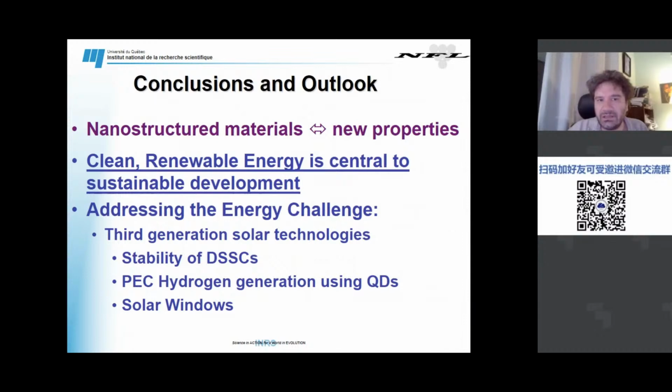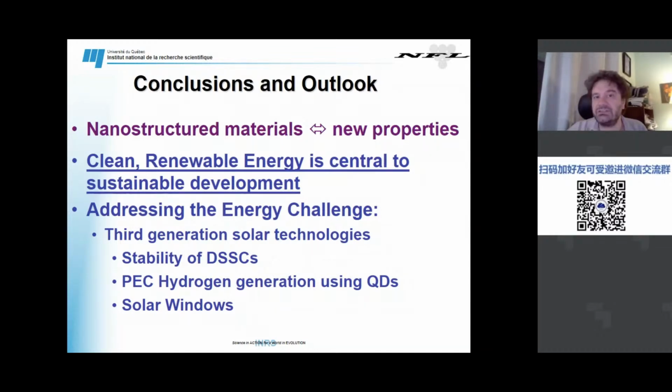I shared with you some of our work on nanostructured materials, looking at how these systems exhibit new properties because of size reduction to less than 100 nanometers in at least one of the 3 dimensions. I discussed at length why I believe clean and renewable energy to be central to sustainable development for humans on this planet, and why we're mostly after the energy challenge.